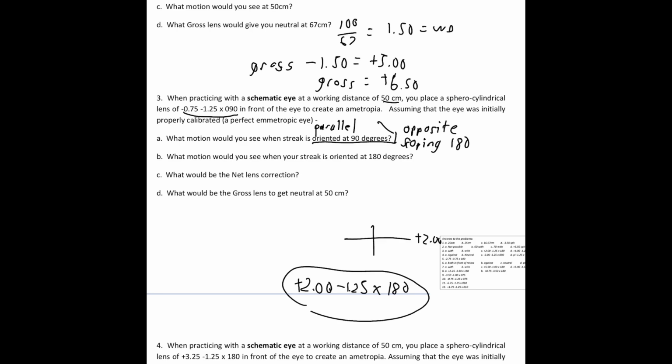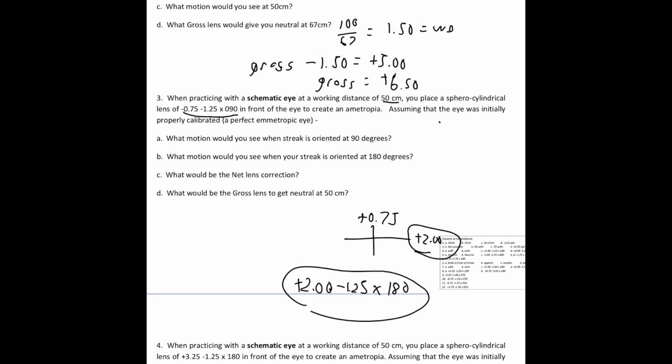So +2 here, +0.75 here. Okay, so what motion would you see when your streak is oriented at 90 degrees, aka you're scoping the 180 degree axis? If you're scoping the 180 degree axis, you're scoping this +2, okay?